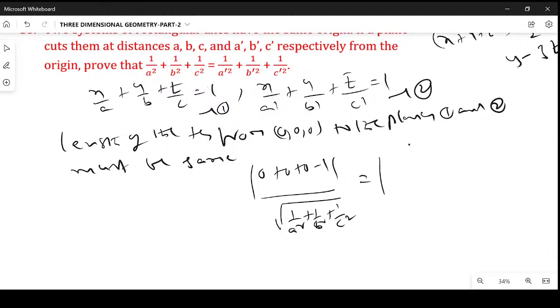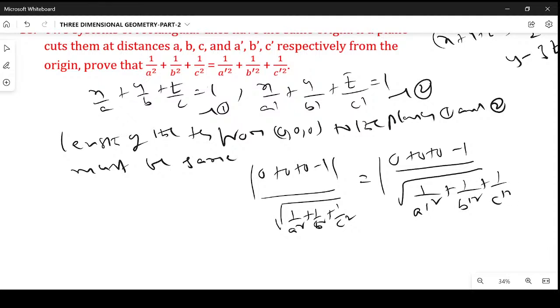Here also we get 0 plus 0 plus 0 minus 1 by root of 1 by A dash square plus 1 by B dash square plus 1 by C dash square. I am finding the perpendicular distance from origin to the given plane. Now comparing with the above value.